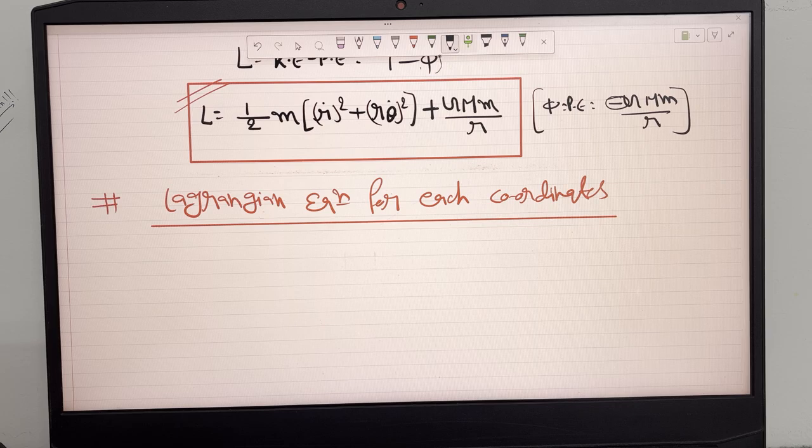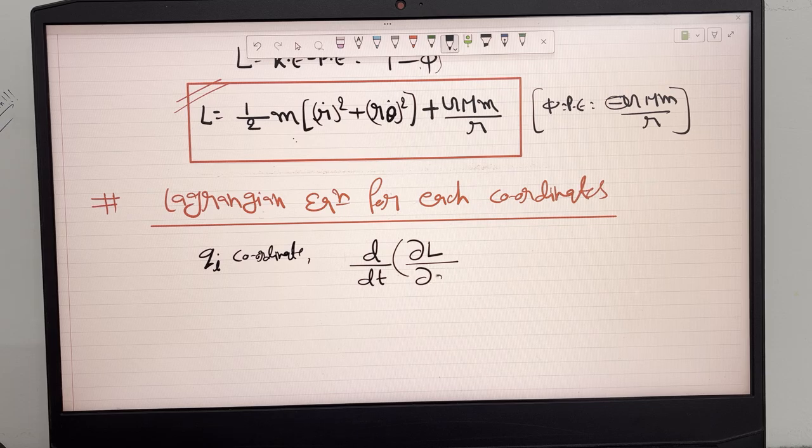Let's suppose this q i is your coordinate. Then the Lagrangian equation can be written as d by dt of dou L by dou q i dot, minus dou L by dou q i.